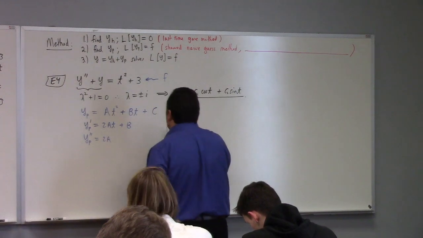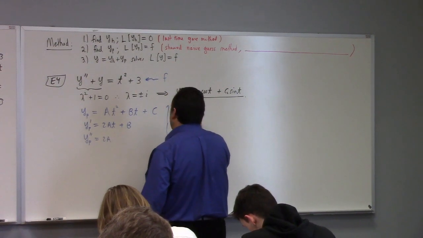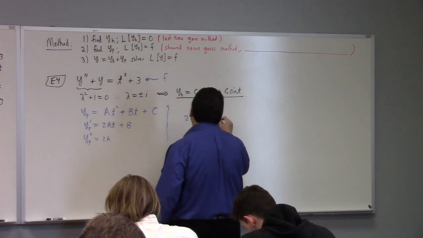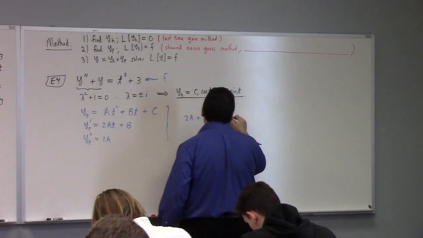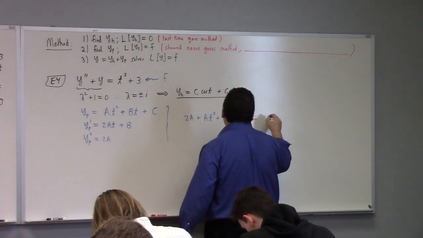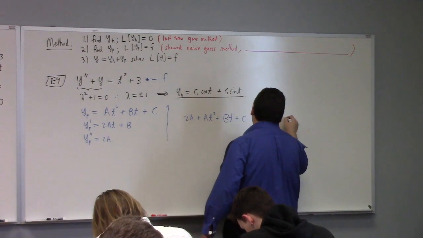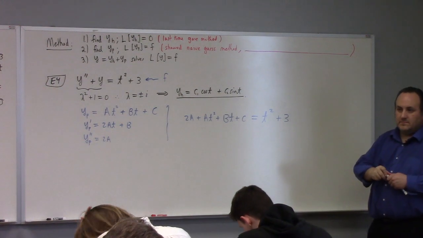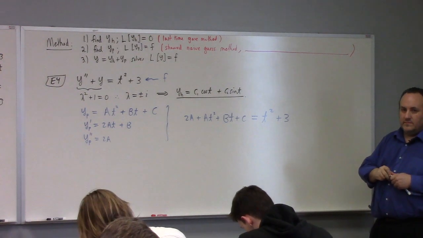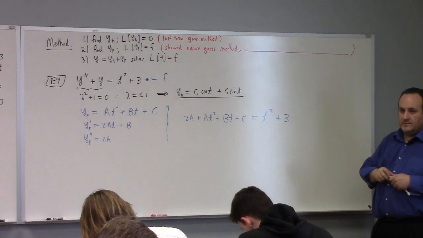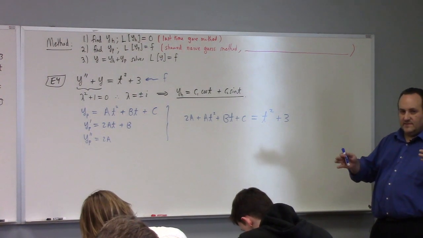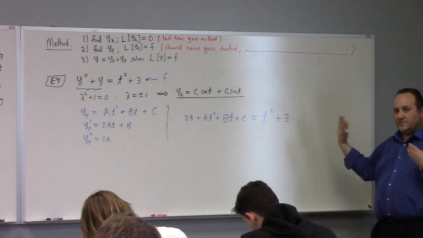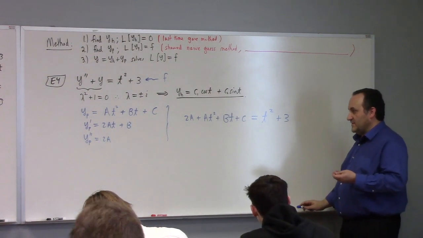So we put those together, and we've got 2a + at² + bt + c = t² + 3. All right? If our guess is reasonable, we can solve these equations to find values for the undetermined coefficients a, b, and c. Can you do that?